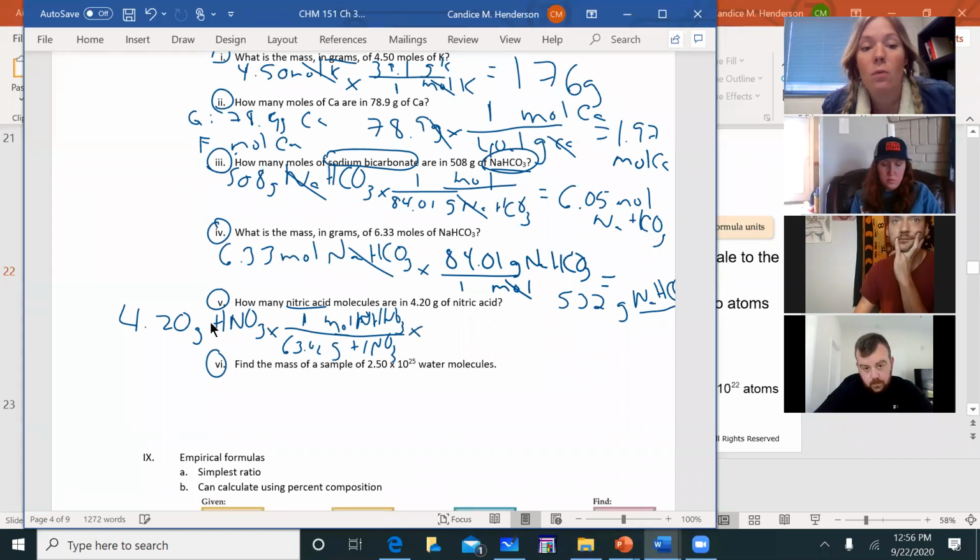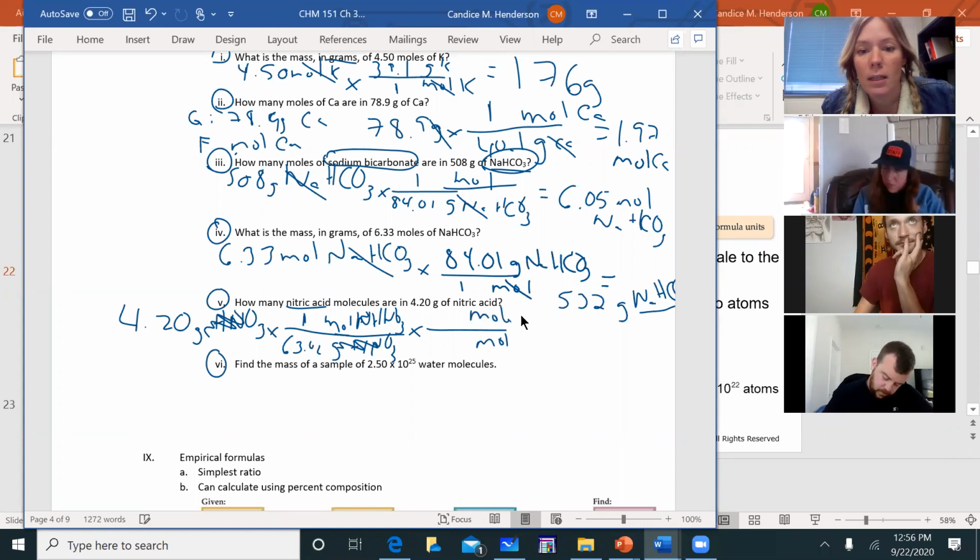Next step, we can say goodbye to our grams. Next thing is to get moles out of the way. So I'll put mole on the bottom and I want to get into molecules. Molecule of HNO3. Again, the mole gets the value of 1.